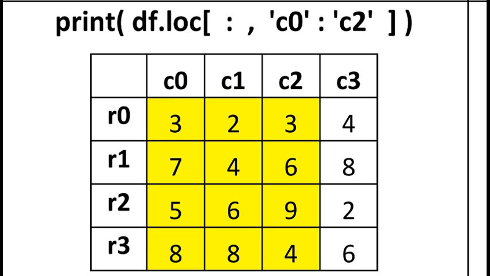Here one thing to notice: the C2 column is included. We already used the range method. The range method is always one less at the stop value.